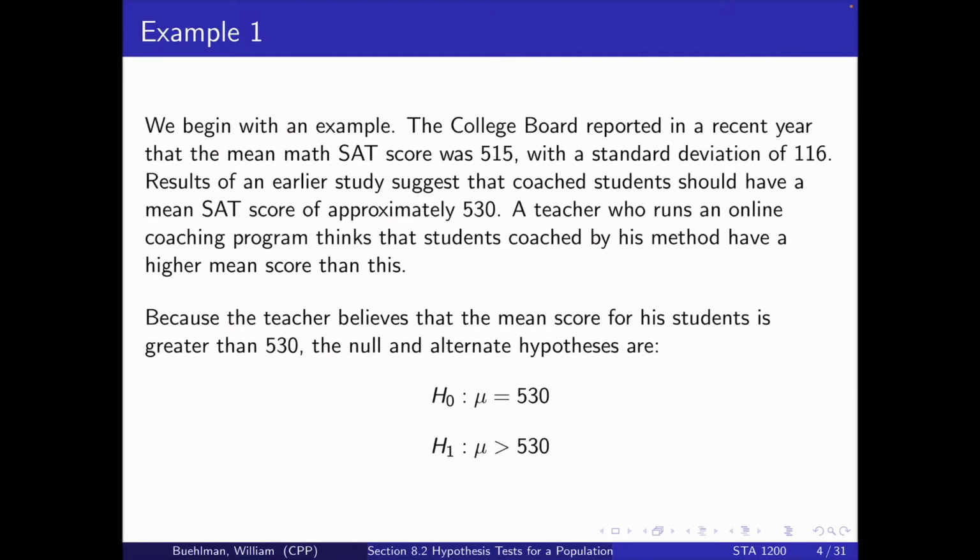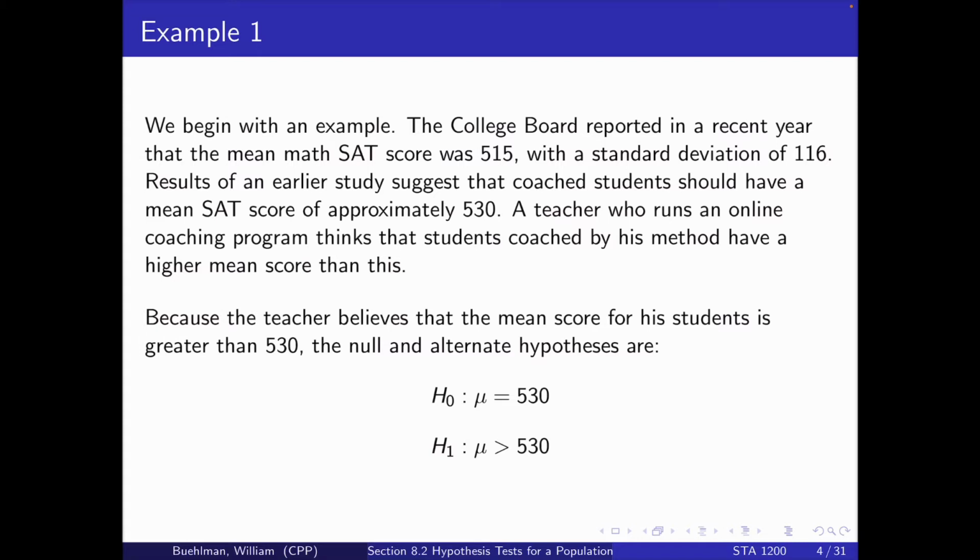Example 1. We begin with an example. The College Board reported in a recent year that the mean math SAT score was 515 with a standard deviation of 116. Results of an earlier study suggest that the coached students should have a mean SAT score of approximately 530.